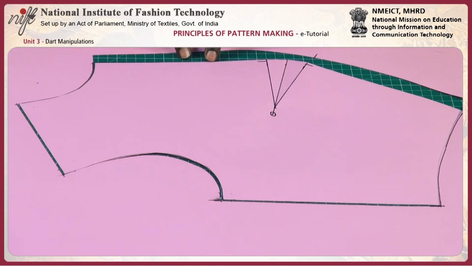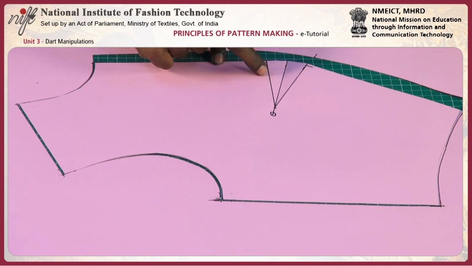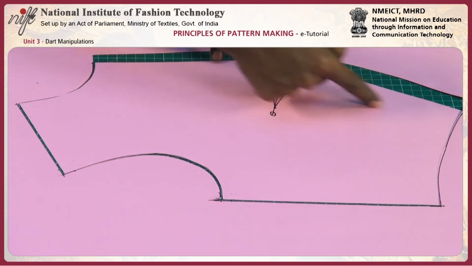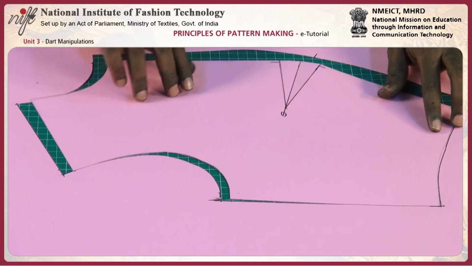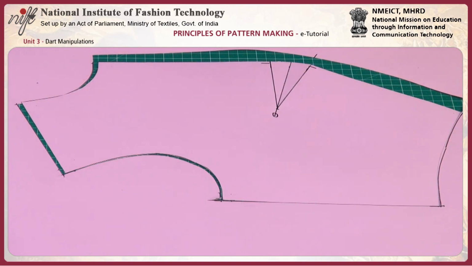You can mark the grain line parallel to the center front. You can mark either like this or like this, which will give a different design. The grain line will change.